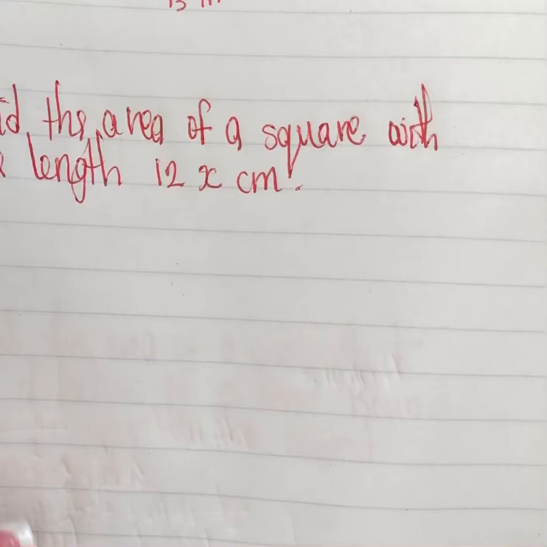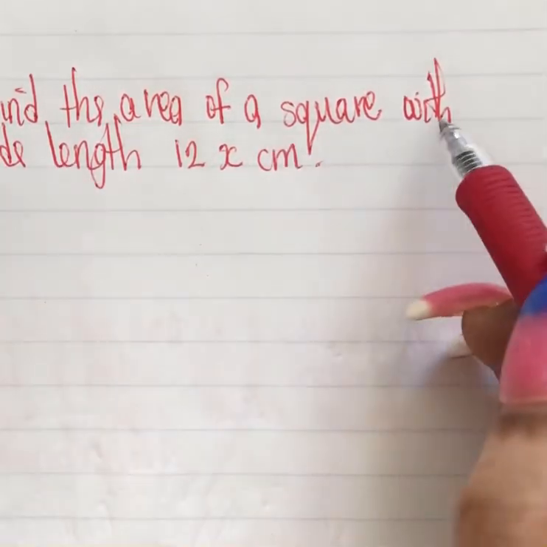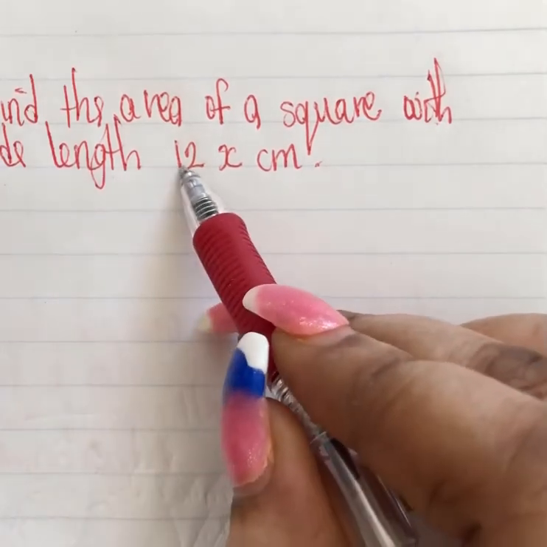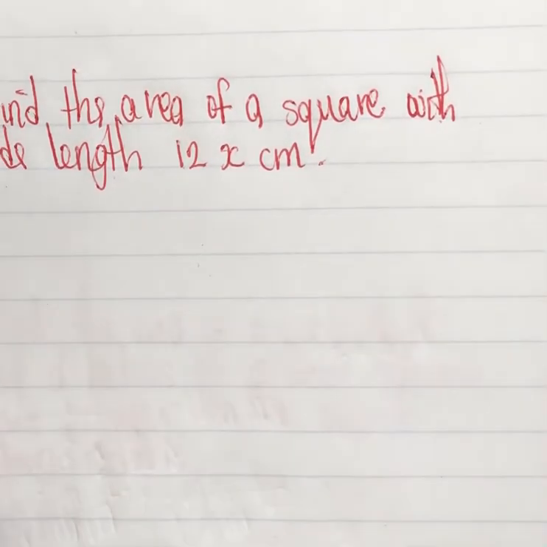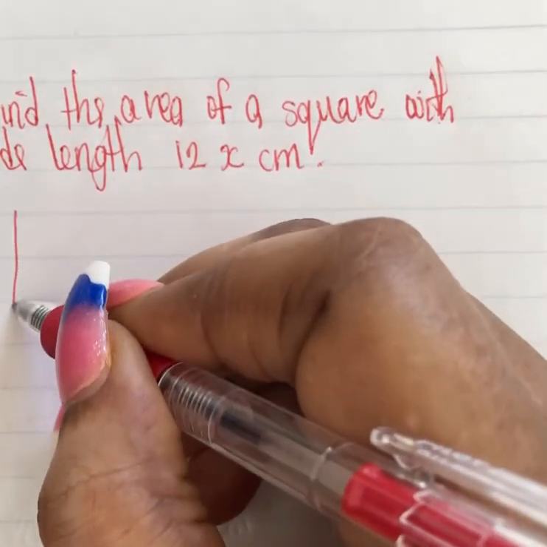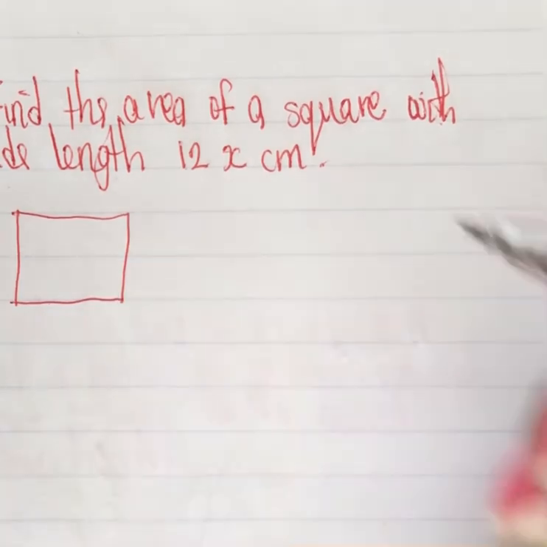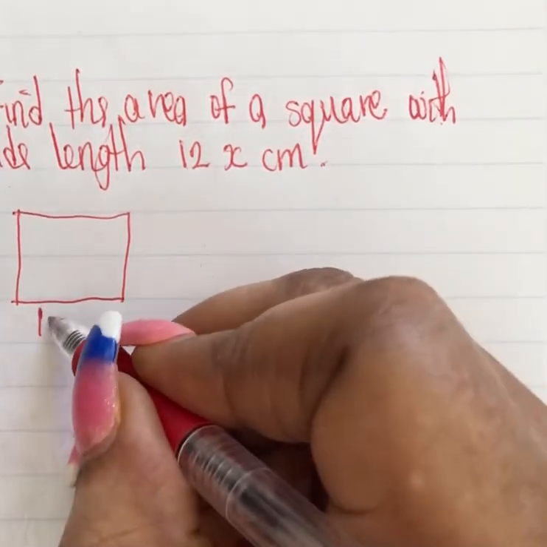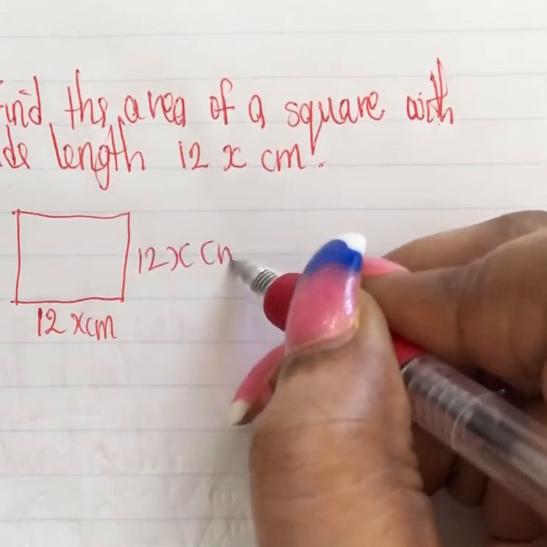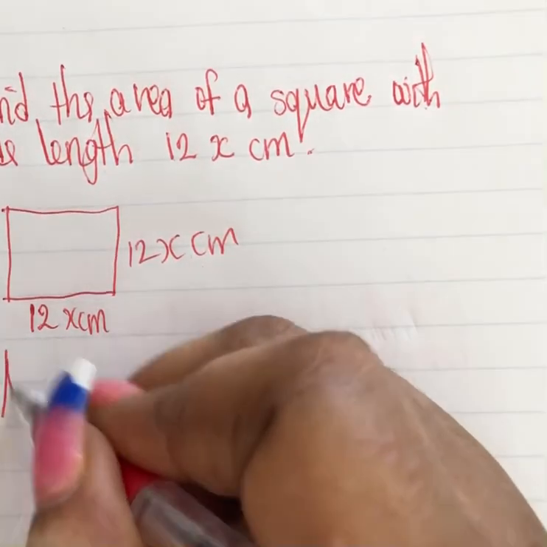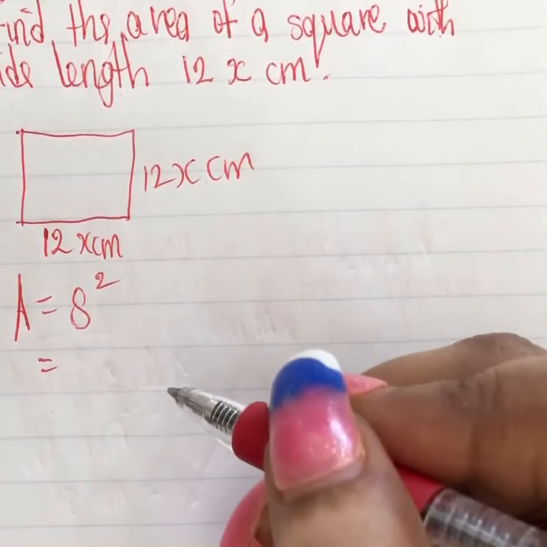Let us look at another word problem. We want to find the area of a square with a side length 12x cm. Again, we've looked at a square earlier with 14 units. In this case, it's going to be 12x cm. We know that area of a square is S square.